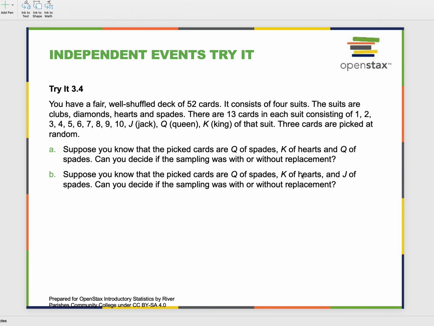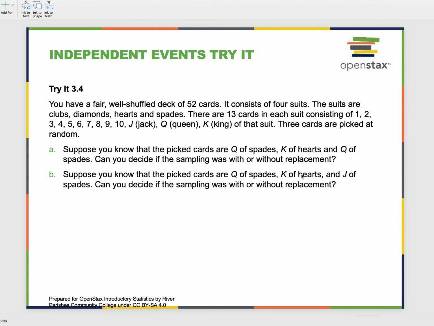Suppose that you know the picked cards are the queen of spades, king of hearts, and the jack of spades. Can you decide if the sampling was with or without replacement? I would say here I couldn't tell the difference. I couldn't say for sure what it was, because if I didn't replace the queen of spades and never picked it again, or the king of hearts and never picked it again, I could get this queen of spades, king of hearts, and jack of spades.